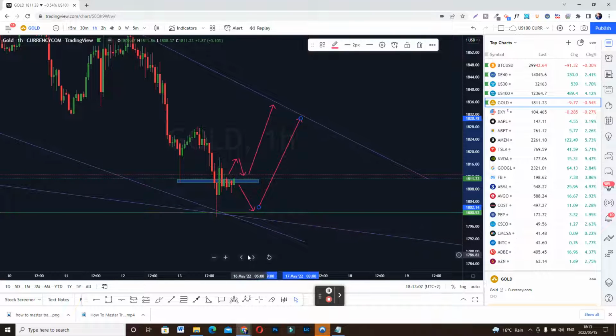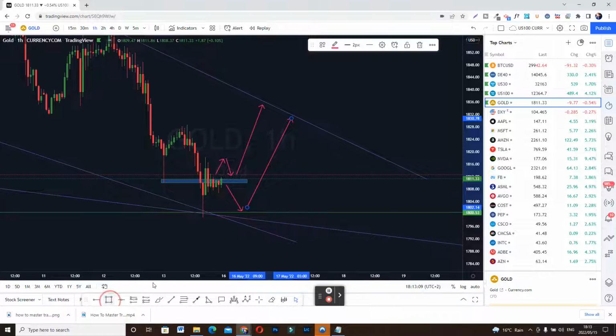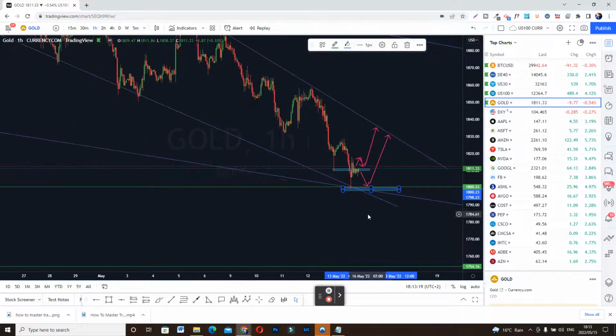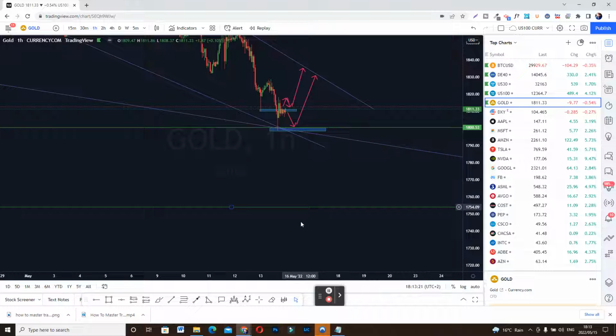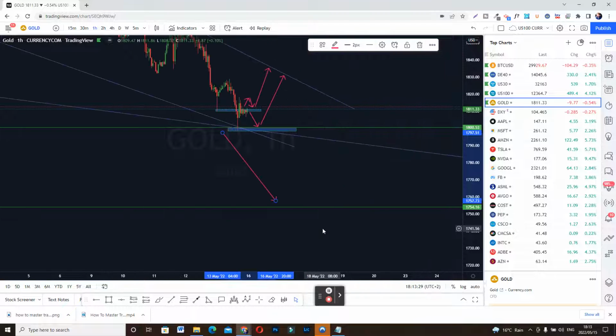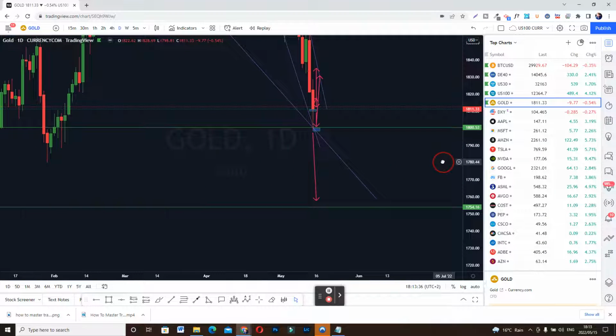These are two scenarios that I see. Otherwise, gold can always continue to break down. If gold breaks down out of this level, then we look down to the next level, which is down here at 1754, 1750. That's where gold could be heading in case it doesn't stop from where it is.